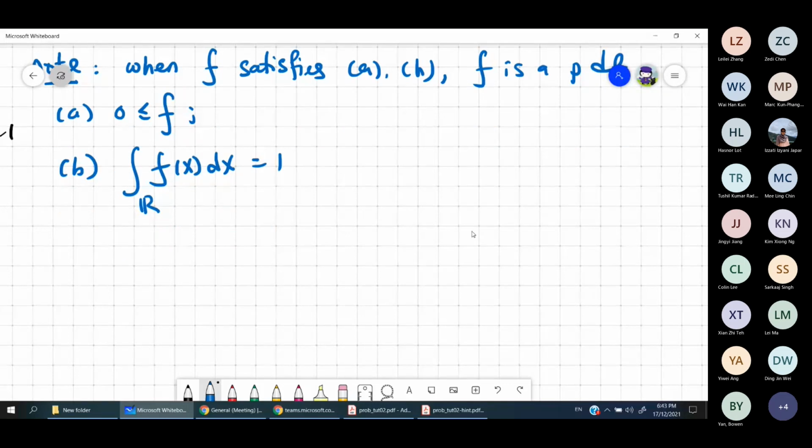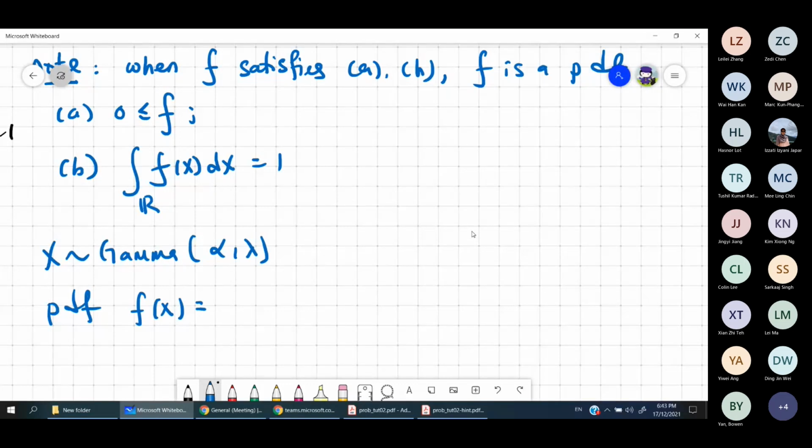So again, when X is a gamma with parameters alpha and lambda, the PDF f(x) is given by... my gosh, I can't remember this already. How is it? Gamma functions.